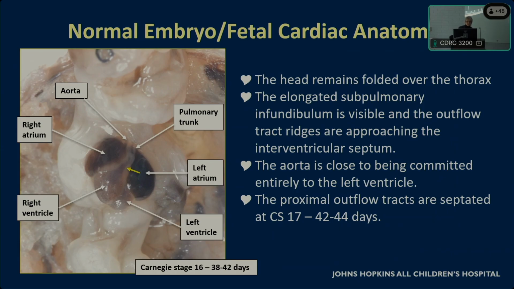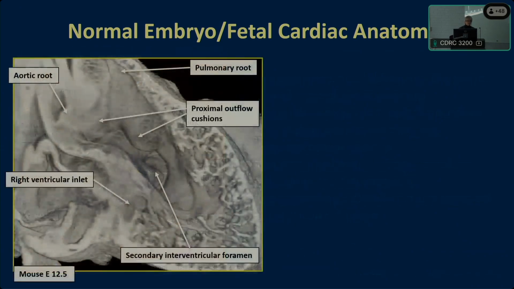This is when the outflow tract ridges or cushions are approaching one another and the interventricular septum, to put the aorta definitively into the left ventricle. It's not at this stage entirely committed to the left ventricle, as we heard earlier today. So the proximal outflow tracts are septated at Carnegie stage 17, between 42 and 44 days.